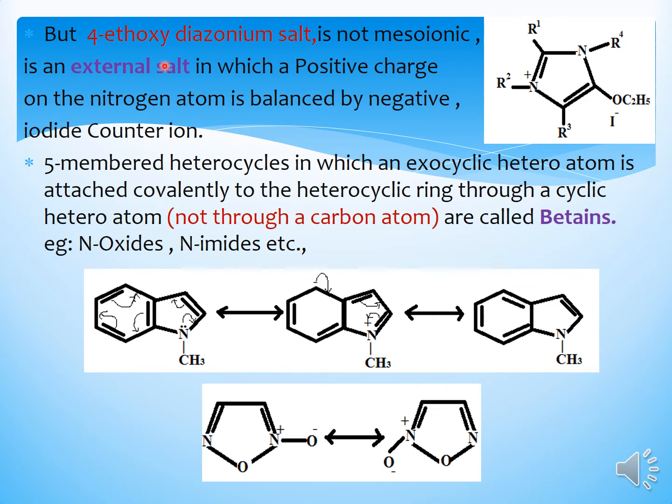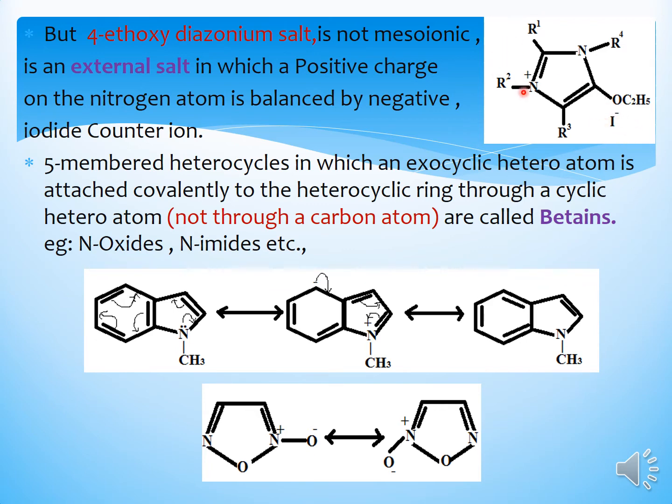Here comes the external salt. For example, we are taking the 4-ethoxy diazonium salt. Okay, the I minus is there which will act as a counter ion. Alright, so here what happens in case of an external salt, a positive charge of the nitrogen atom will be balanced by the negative charge of your counter ion.